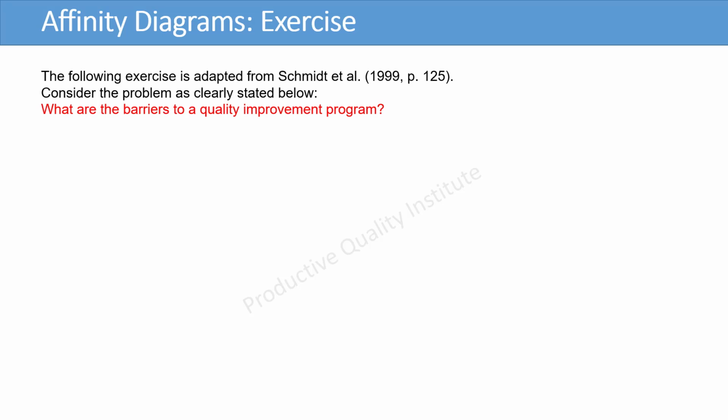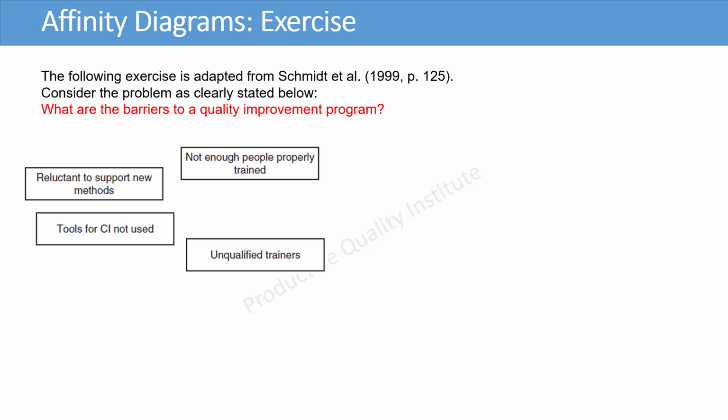The following exercise is adapted from Schmidt et al. Consider the problem as clearly stated. What are the barriers to a quality improvement program? The suggested ideas to answer the problem are listed here.